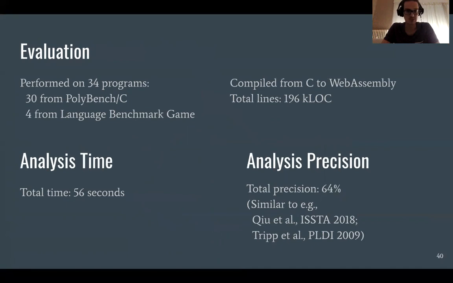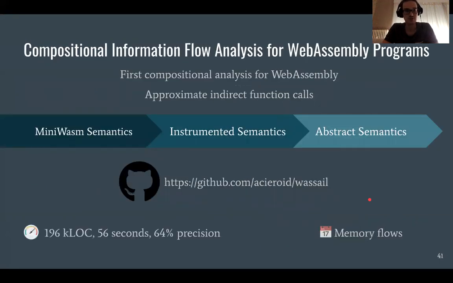We have performed this evaluation on 34 C programs that each have been compiled to WebAssembly. In total, that makes almost 200,000 lines of WebAssembly code to analyze, which have been analyzed in less than a minute for a total precision of 64% on the summaries. This is in line with related work on taint analysis. So to recap, I have proposed compositional information flow analysis for WebAssembly.